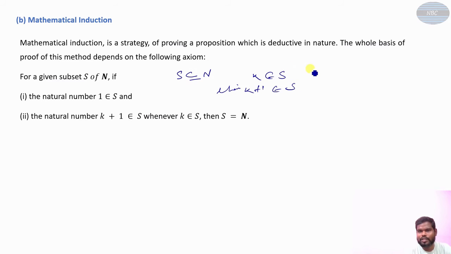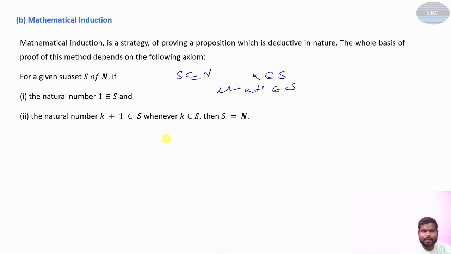Let's suppose you take k equal to 100, then we increment 100 by 1 and get 101, and 101 is also a natural number. In this way we go on increasing the value of k by 1, and we come to the conclusion that the subset S is equal to the set of natural numbers n. S will be equal to n.